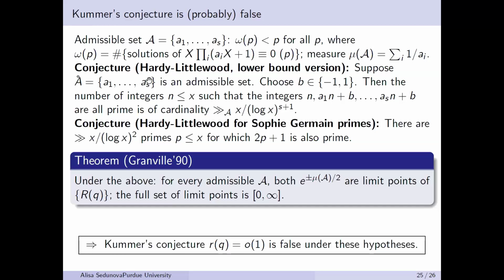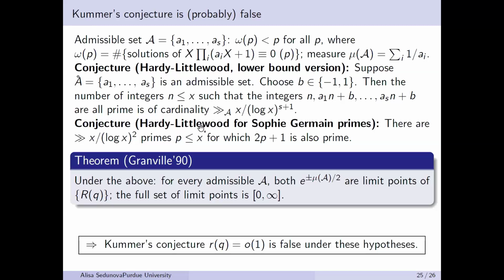So we suppose that we have an admissible set, we choose B to be -1 or 1, then the number of integers n up to X such that n plus B times a1, ..., n plus B times aS are all prime is of cardinality at least X divided by log X to the power S plus 1. So this is only the lower bound.